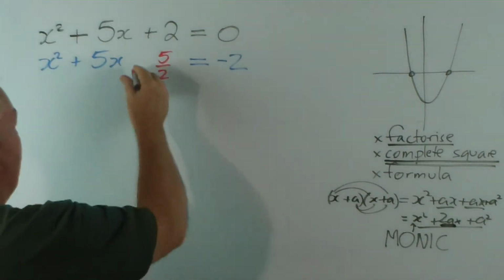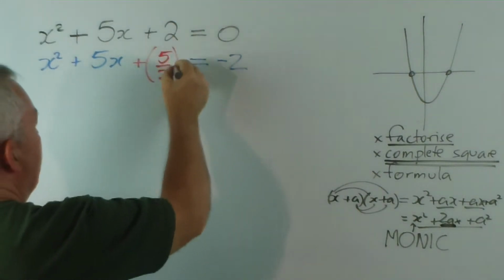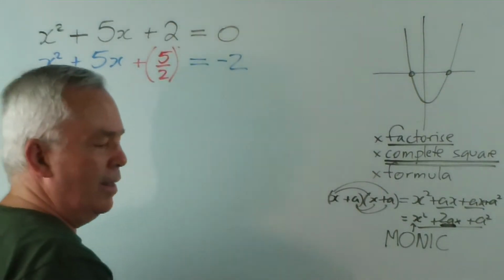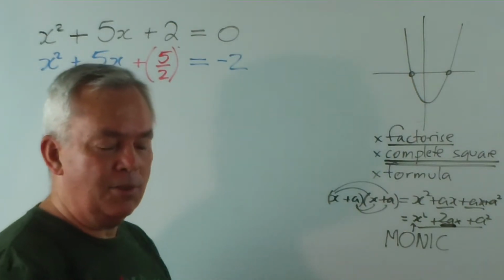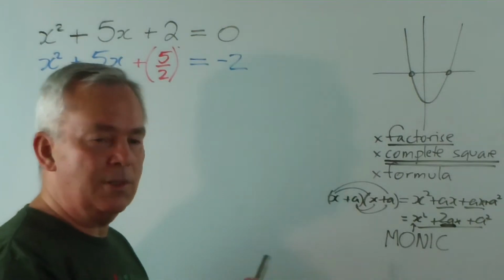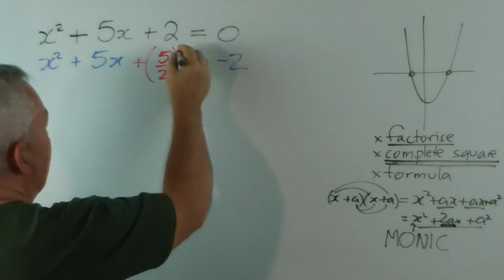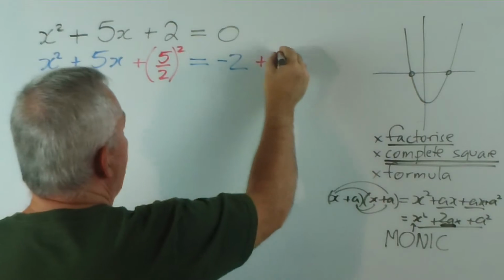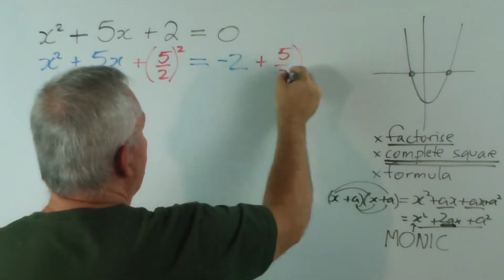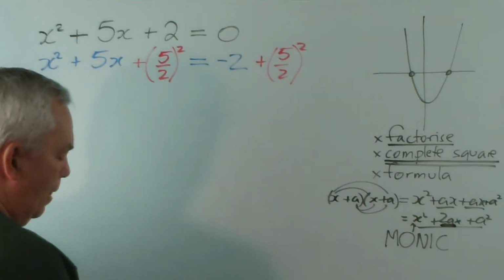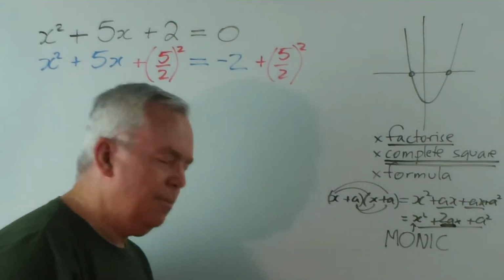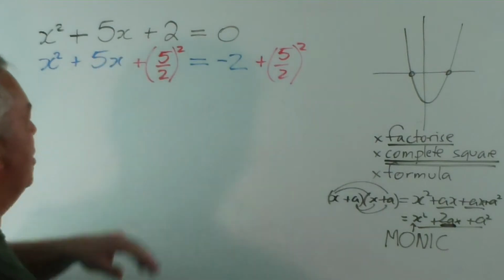I find that fractions are actually a nice way to go with these, and I encourage you to practice this way because if you're using it in calculus, you'll have fractions involving trig functions, etc. This is actually a nice way to go. And we've got to add this to both sides of the equation to keep it balanced. Now, fractions may not be your favourite thing, but I hope you'll appreciate them here.